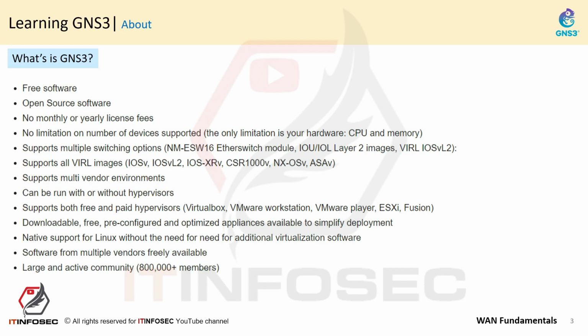GNS3 is free, open source software, with no monthly or yearly license fees. You don't have any limitation on the number of devices supported. It depends on CPU and memory, on your hardware resources. It supports multiple switching options.